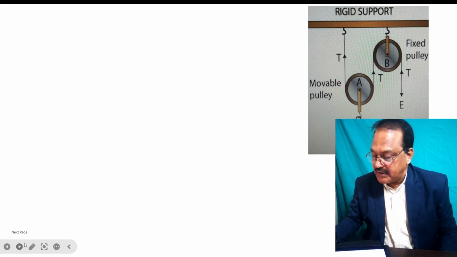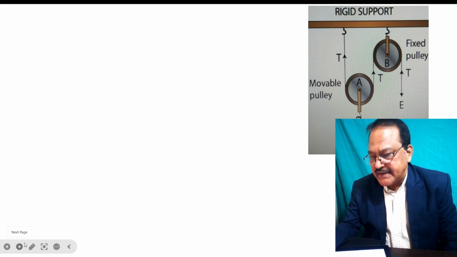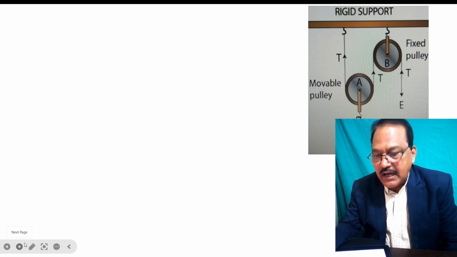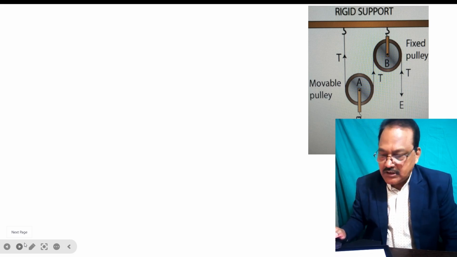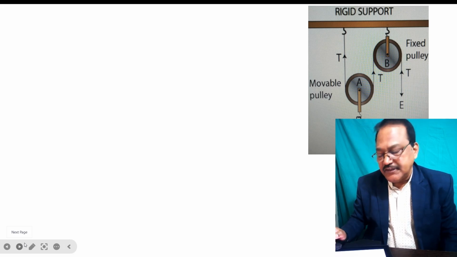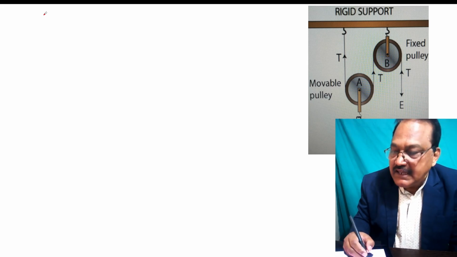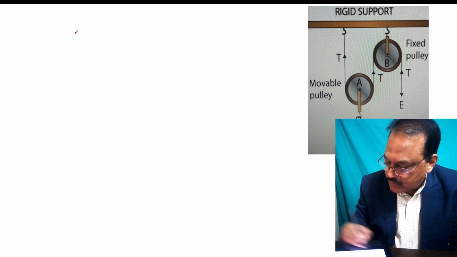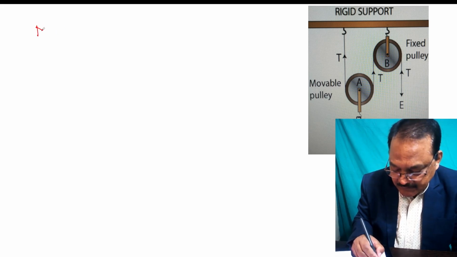what we can do here, let us calculate the mechanical advantage and velocity ratio as well as the efficiency of the movable pulley which is used along with the fixed pulley. See, what is mechanical advantage? Okay, mechanical advantage, in short MA.